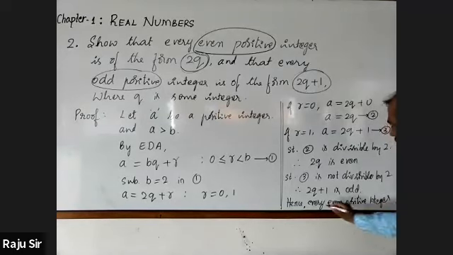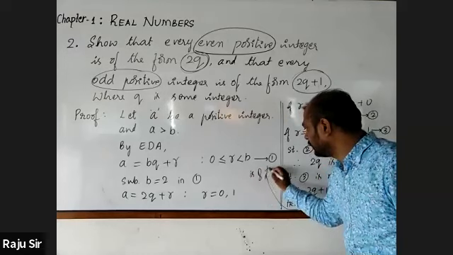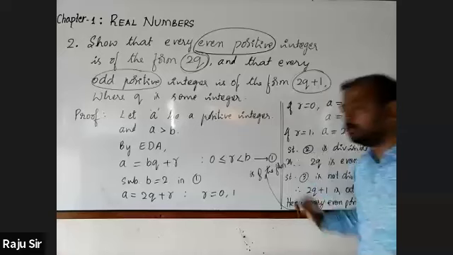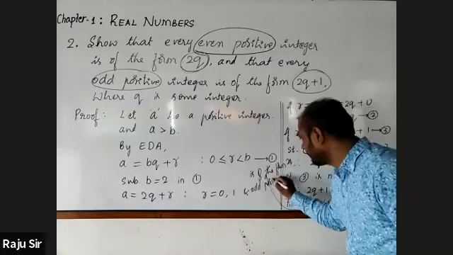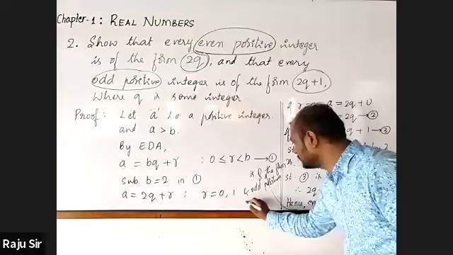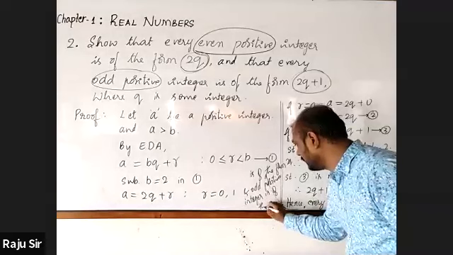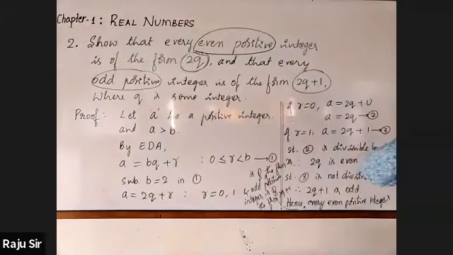Here I'll continue, I don't have space. Every even positive integer is of the form 2q, and odd positive integer is of the form 2q plus 1.